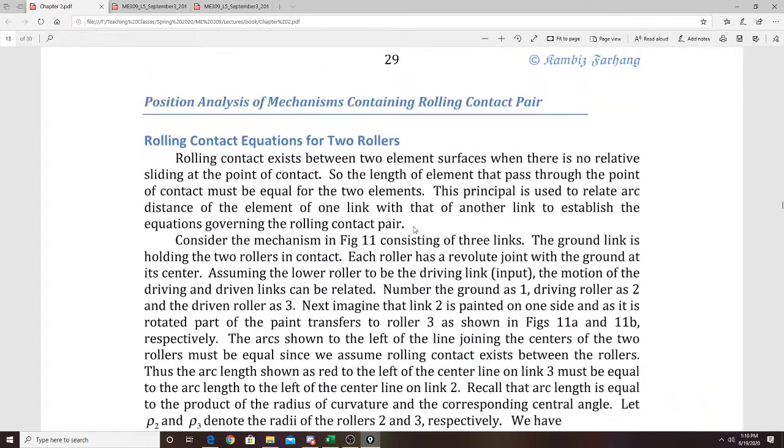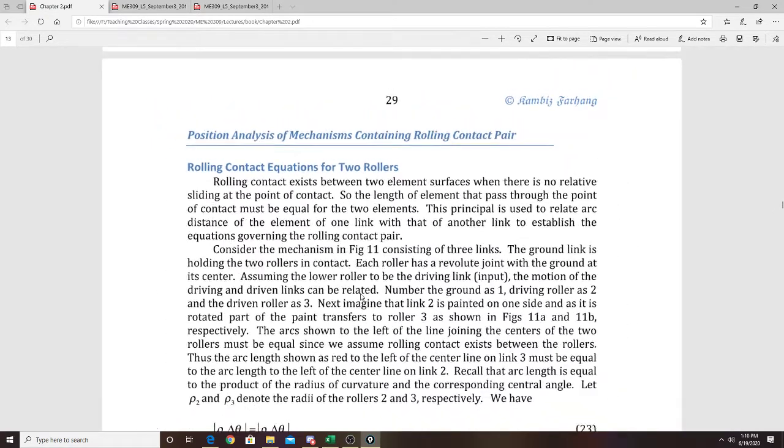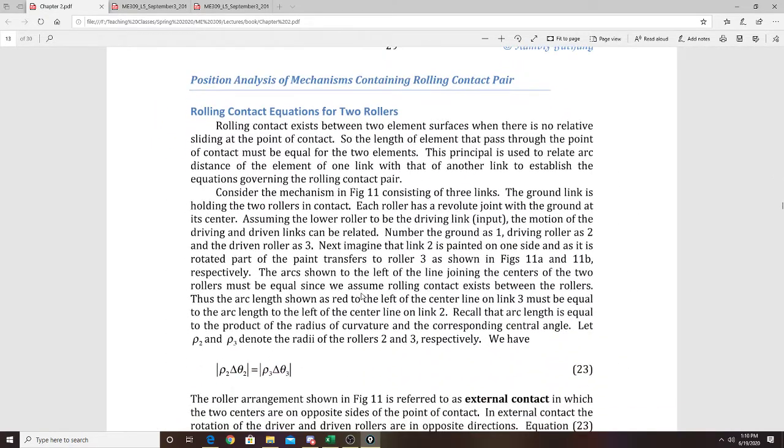It says position analysis of a mechanism containing a rolling contact pair, and rolling contact equations for two rollers. Rolling contact exists between two element surfaces when there is no relative sliding at the contact point. So the length of the element that passes through the point of contact must be equal for the two elements.